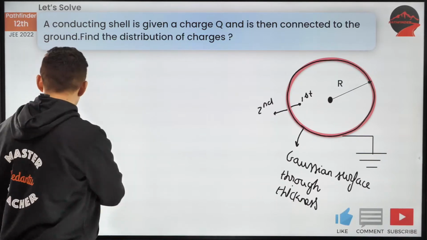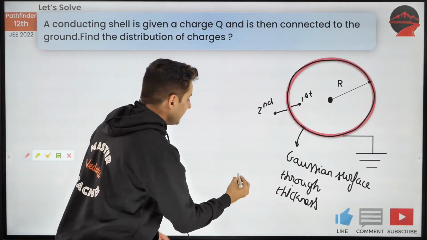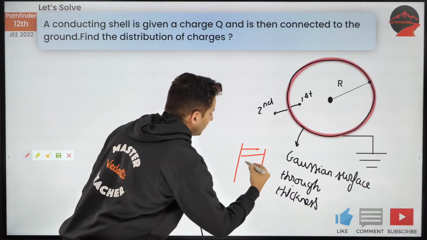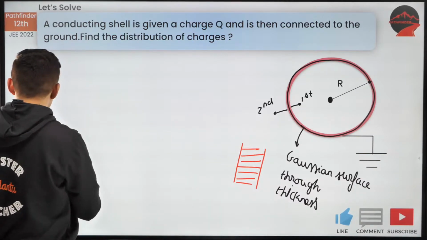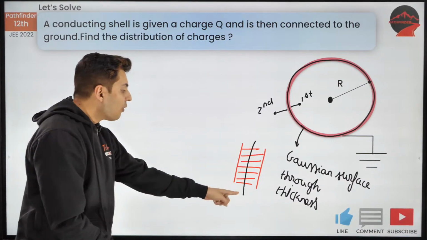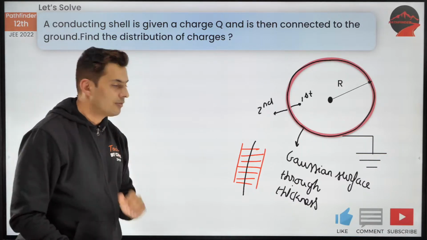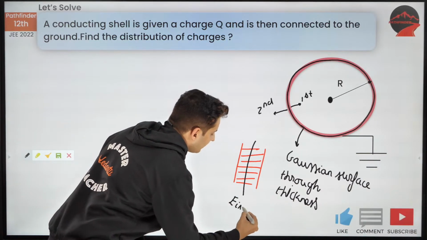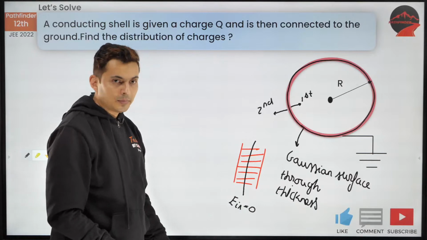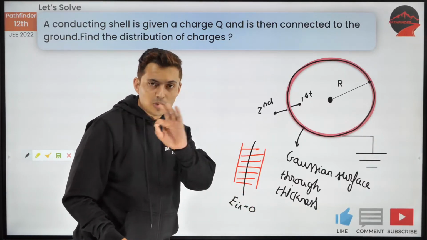So think about it. What will happen? See, this is that conductor. I'll just show that. This is the thickness of the conductor. Your Gaussian surface. What is the field value, guys? Field inside the conductor is always 0, right? Field inside the conductor is always 0.